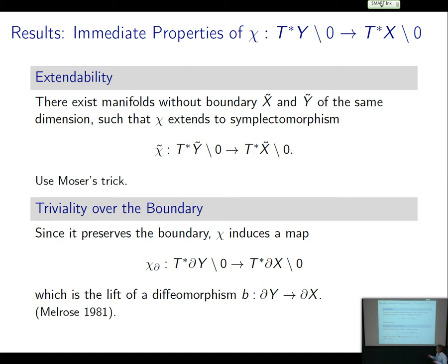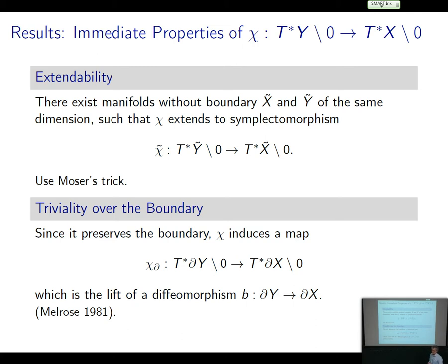And the thing is, this symplectomorphism actually extends to 0, basically because you have this one free variable which doesn't take part in the whole business, which can change. That's the main argument. And then it turns out that at the boundary, the symplectomorphism has to be trivial.